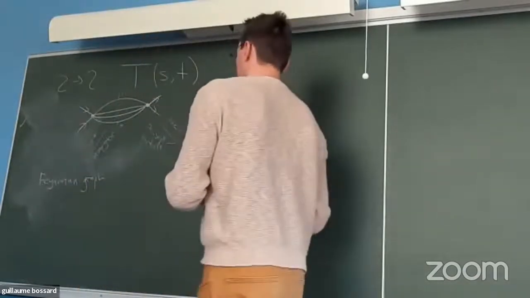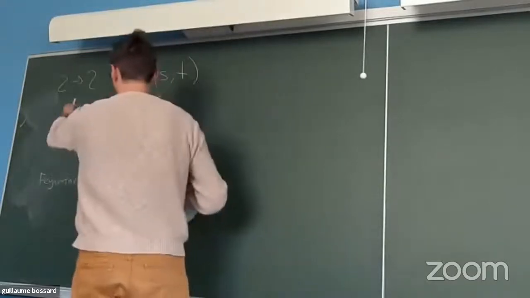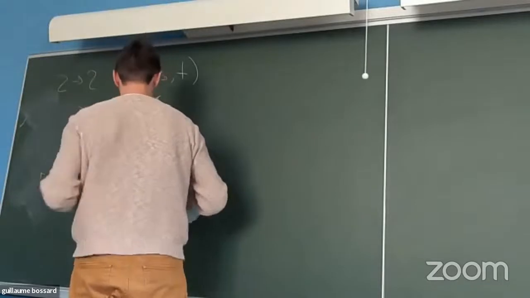There is a natural interpretation of this graph: you have two starting particles, you form n particles, and then the n particles form two particles again.